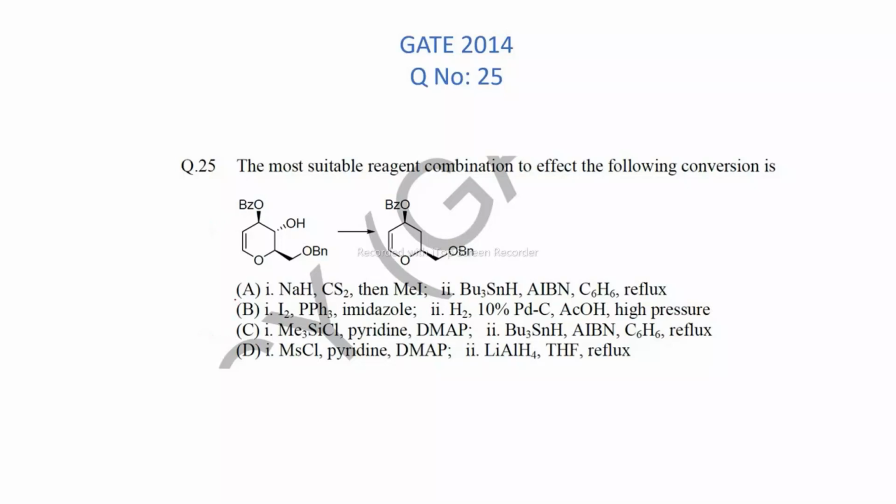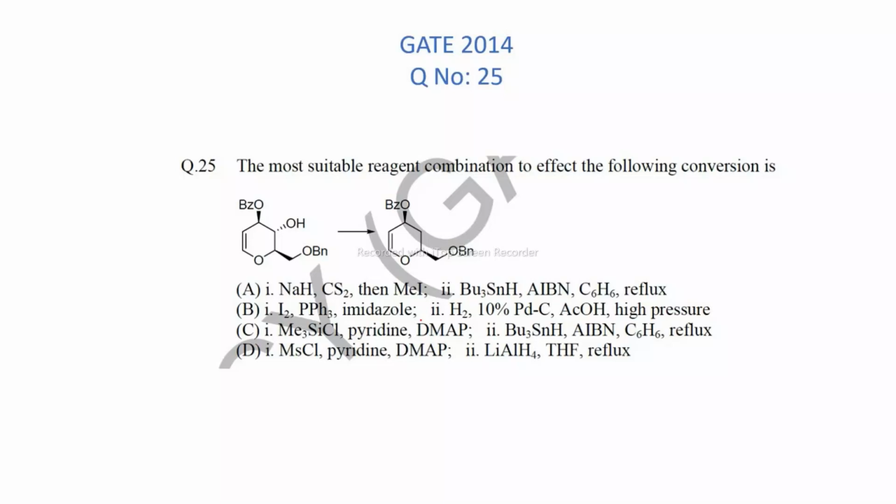So for that, the first option they have used is sodium hydride, carbon disulfide, then methyl iodide, followed by Bu3SnH, that's tributyltin hydride, AIBN, and benzene, followed by reflux. Second option is iodine, PPh3, imidazole. Third option is hydrogen, 10% palladium on carbon, acetic acid, and high pressure.